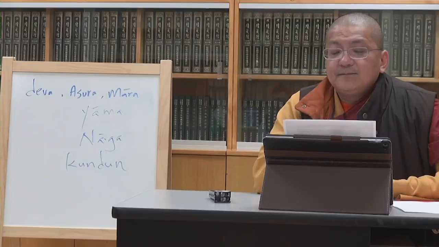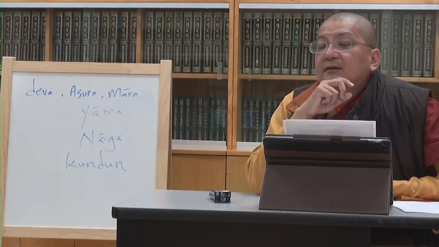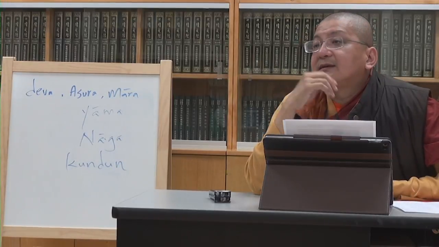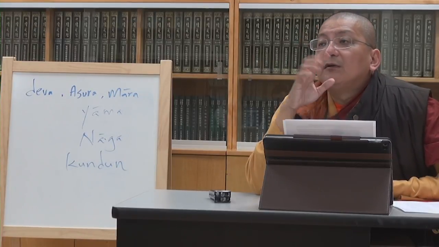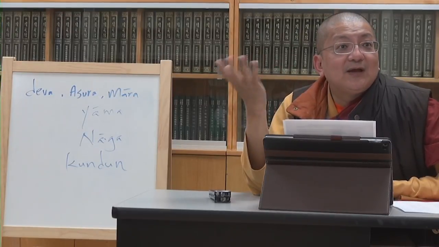Association with the unbeloved is stressful, which we call the suffering of meeting those you dislike. When you meet somebody you don't like, it is suffering, stressful, right? It is how you face every life.